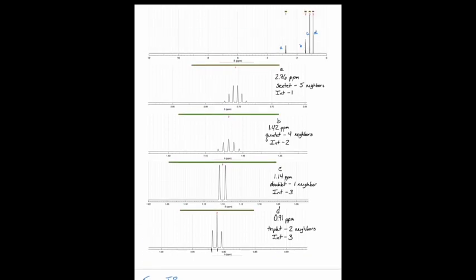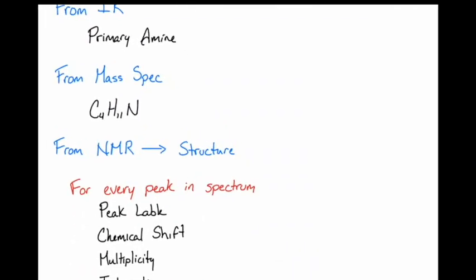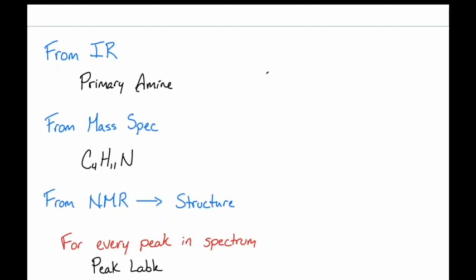Now I have to go ahead and propose my structure. So again, let's just think of all of my possible primary amines here with 4 carbons. So there's 1. Let me pick up that nitrogen, move it over here.